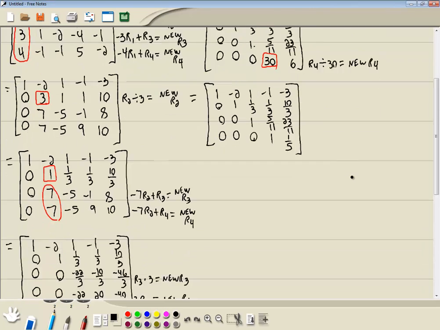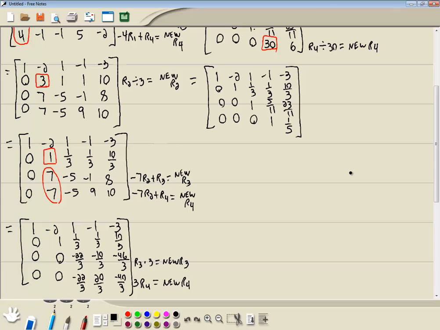Doesn't leave me feeling good. But we'll see. Okay, now that's REF, row echelon form.